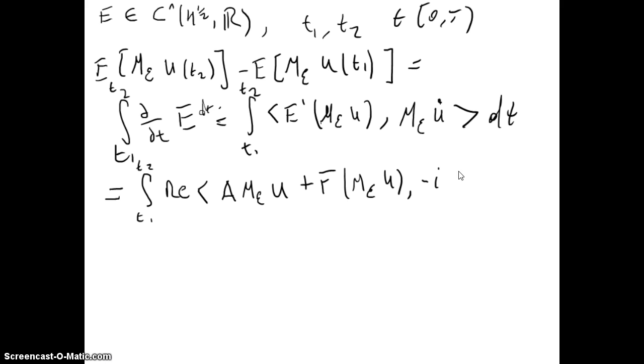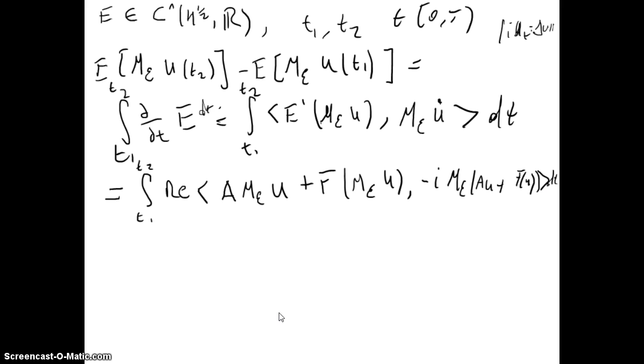So this will be minus i m epsilon A u plus F u. This minus i comes from, if you recall, it was u_t equal to minus i of A u plus F u. It comes from here.